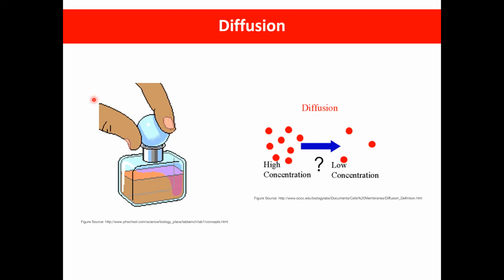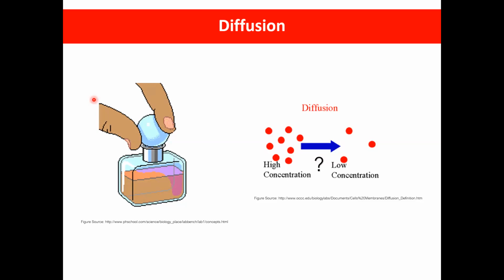So there is a change in concentration with respect to time. At t equal to 0, everything is near the bottle or inside the bottle. And then for time t greater than 0, it will be at a location where it was not earlier. So there is a change of concentration with respect to time.